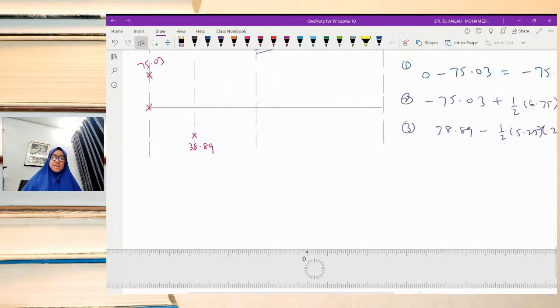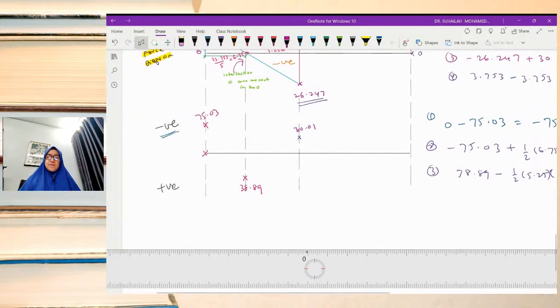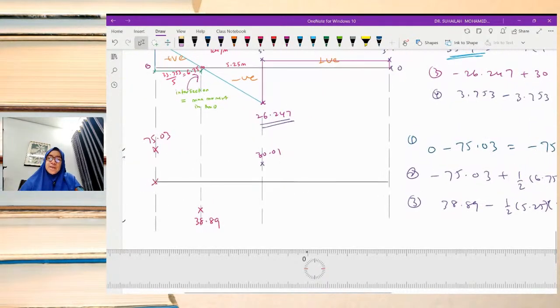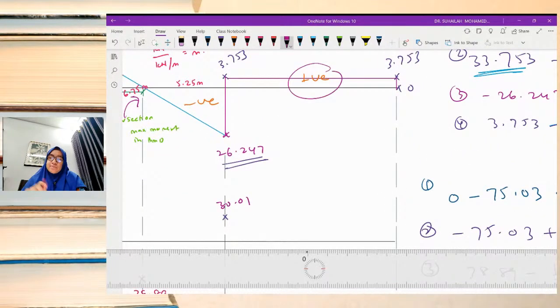Now with negative 30.01, we have to plus the rectangular. Negative 30.01 plus the area of rectangular.